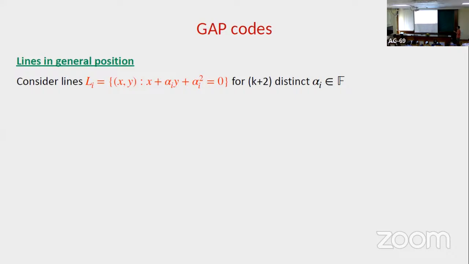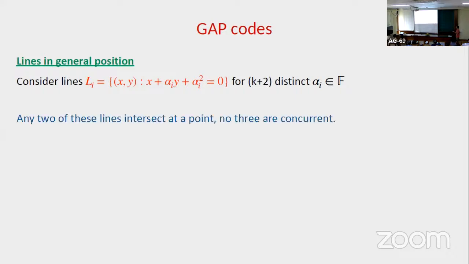We pick a bunch of distinct alpha i's from the field F. That's why we need the field to be large. We collect these lines and then take the pairwise intersections. You can actually show that they are in general position. It's an easy exercise. Any two intersect, no three are concurrent, and all you need is the alpha i's to be distinct, which needs the field to be large enough.